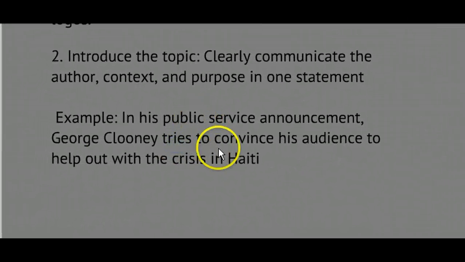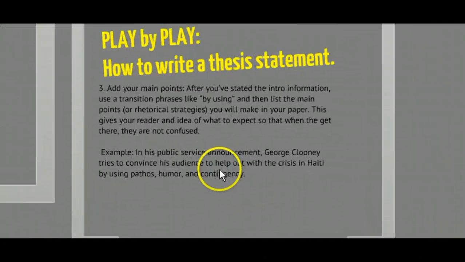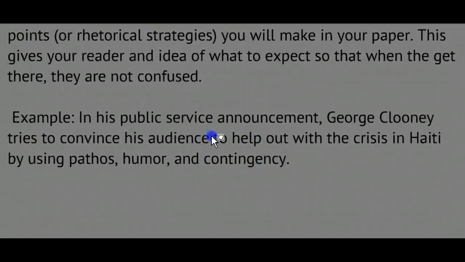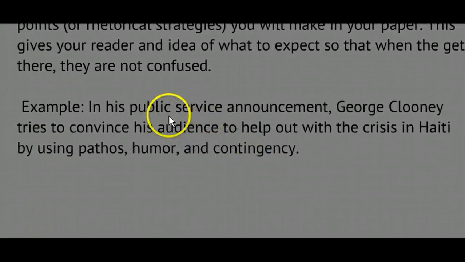So maybe it would end up being something like this. In his public service announcement, George Clooney tries to convince his audience to help out with the crisis in Haiti. There's the first half of your thesis statement. Now you would add to that using a phrase like by using, and then just listing the rhetorical strategies that you picked out to write about. Obviously, you can't write about every strategy that's used in there, so you want to pick the 3 best.